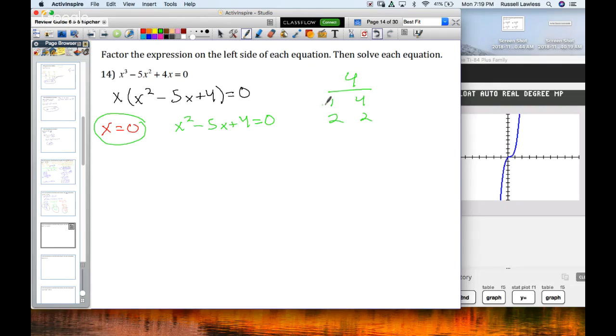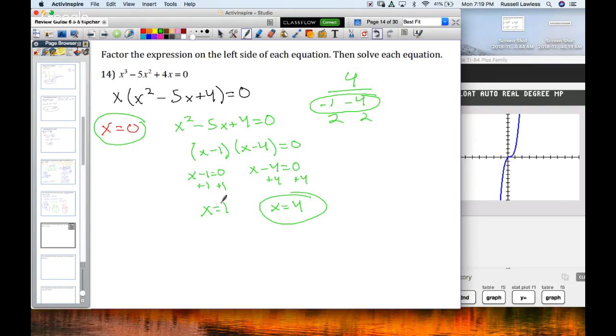Now one thing that is cool, we have 2 negatives multiplied to give us a positive, so I can use those values. So then that'll give me x minus 1 times x minus 4. And when I solve these, I get x minus 1 equal to 0, x minus 4 equal to 0. Add 1 on both sides where x is 1, and then add 4 on both sides where x is 4.